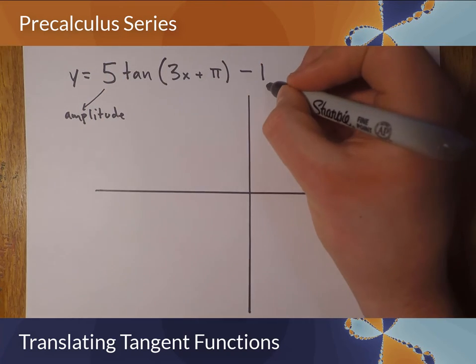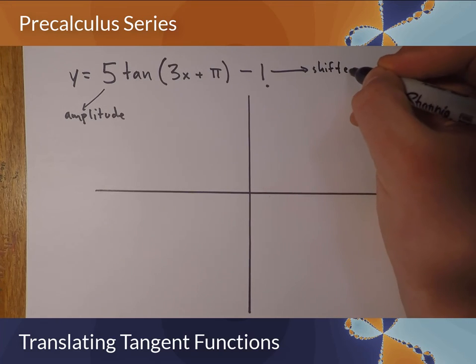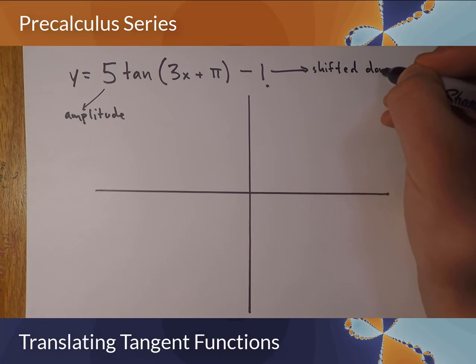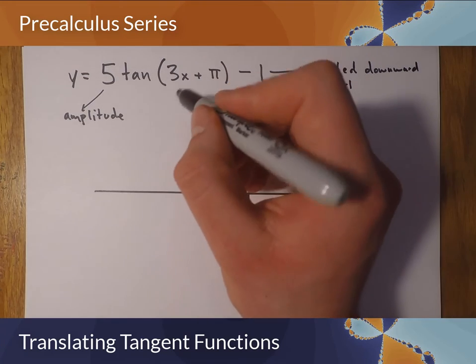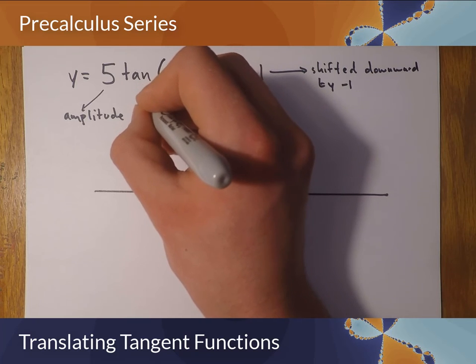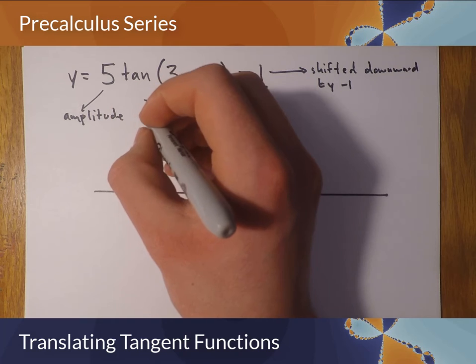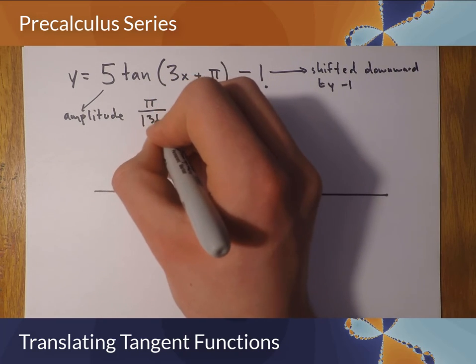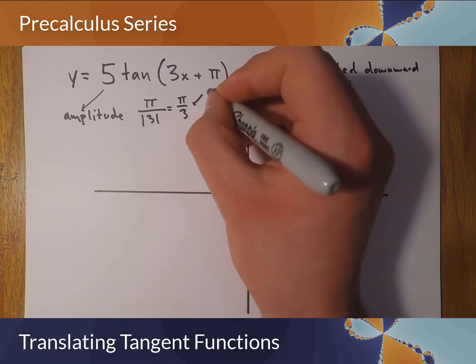It's also shifted downward by negative 1. Next, we can find the period. We know the period of tangent of x is pi, and we divide it by the absolute value of 3, and you get a period of pi over 3, highly important.